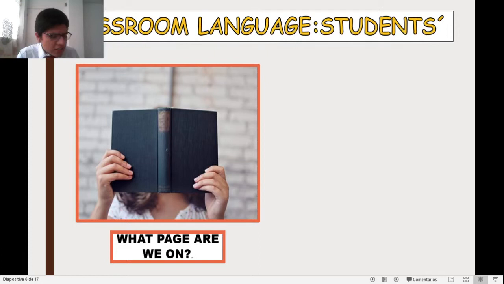Because you don't know exactly what page you are on. So if you need to ask someone or your teacher, you say, teacher, what page are we on? ¿En qué página estamos?